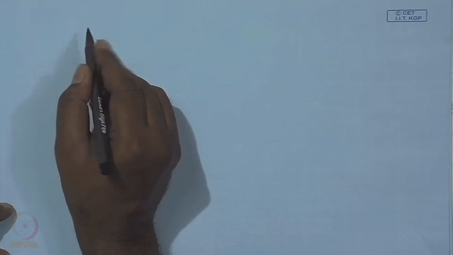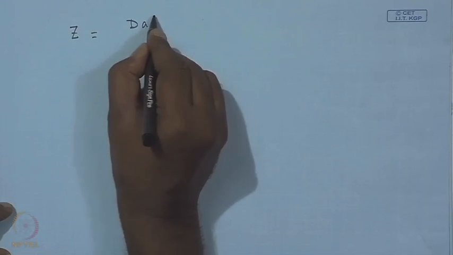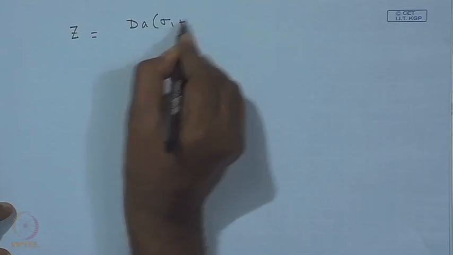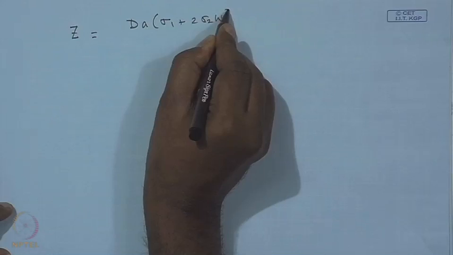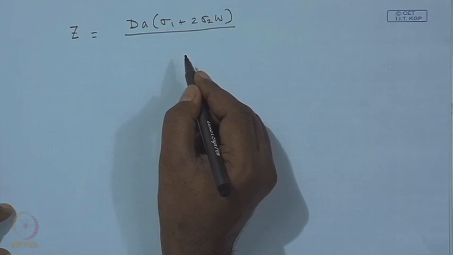So, if you look into the expression of Z, dA sigma 1 plus 2 sigma 2 W, and we have already obtained 1 plus dA plus sigma 1 W plus sigma 2 W square as sigma 1 plus 2 sigma 2 W square divided by sigma 2.